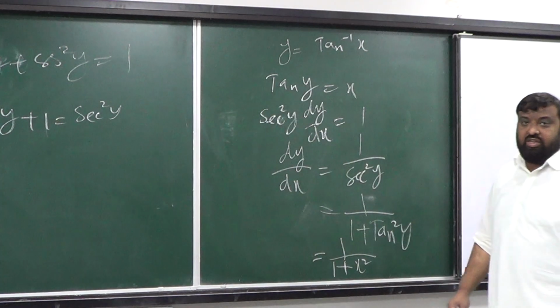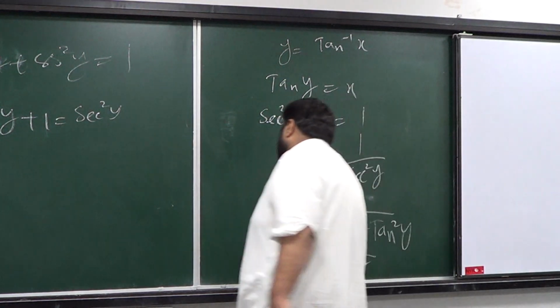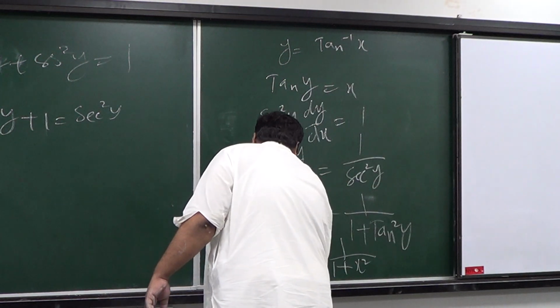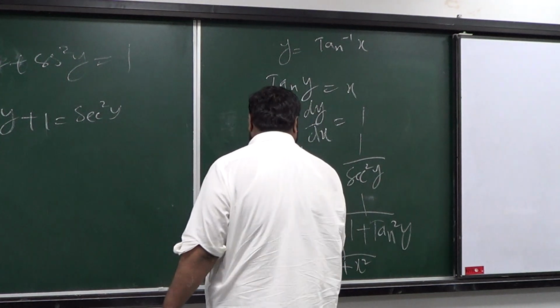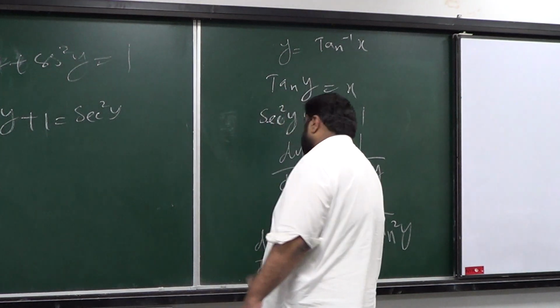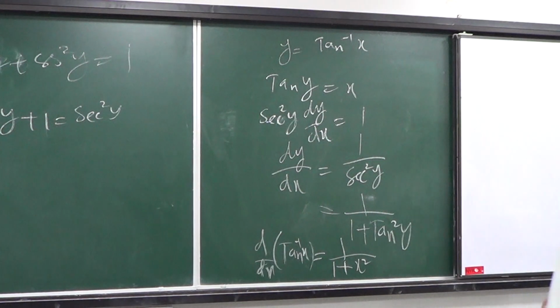So this is the derivative with respect to x of tangent inverse x. That's how you can differentiate it.